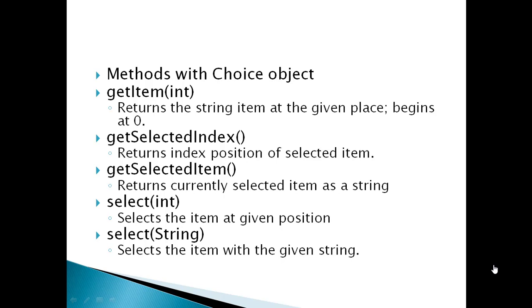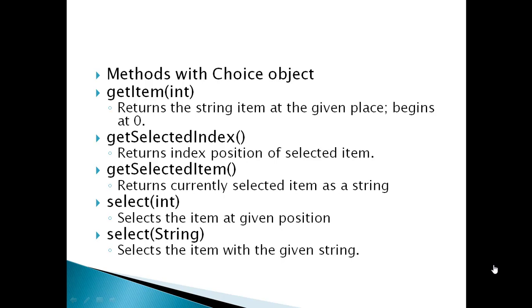Next is getSelectedIndex, returns the index position of the selected item in a choice control. Next is getSelectedItem, returns the currently selected item as a string. Index returns the index, item returns the currently selected item as a string.